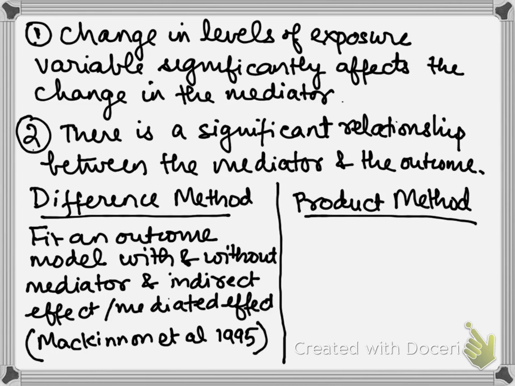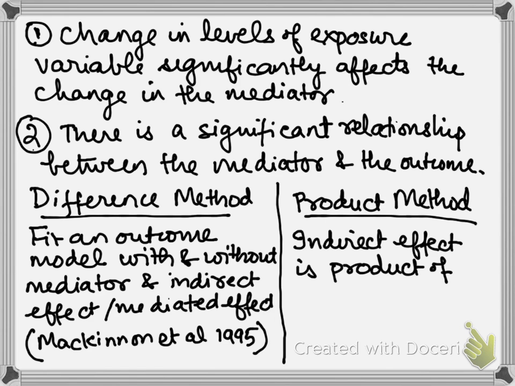The other one is the product method. In here, the indirect effect is the product of two model coefficients. We'll talk about it in a bit. This is the one for which we can use Sobel's test for mediation effect.